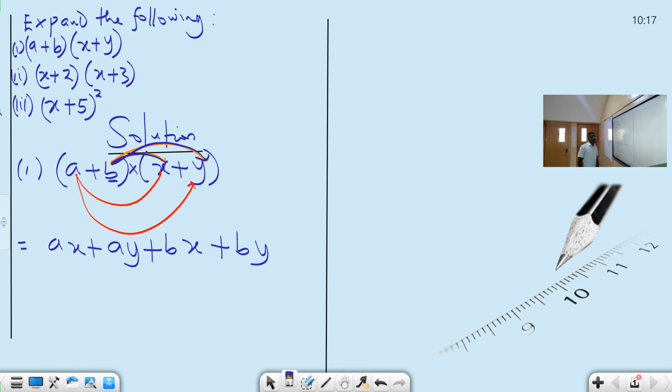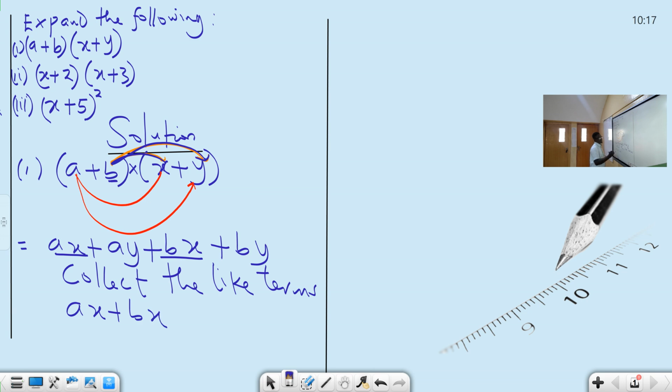by. At the end of the day, we collect the like terms. We have some like terms there, which are the terms of the same family with the same variable. We bring them together. ax and bx can come together, so we have ax plus bx.